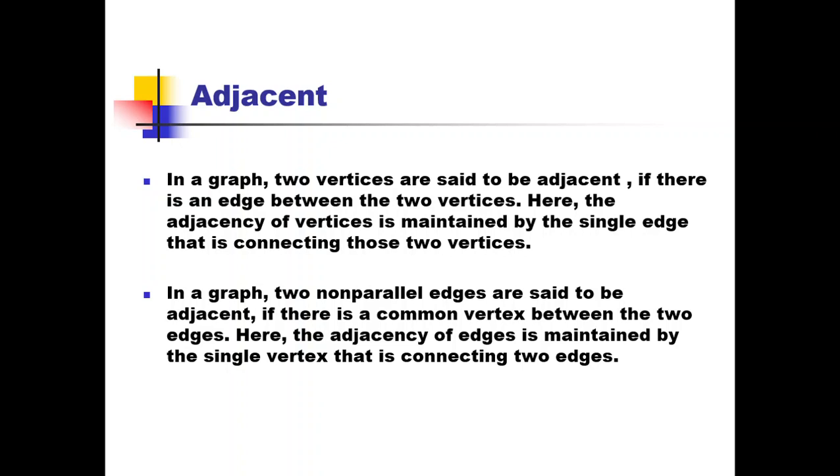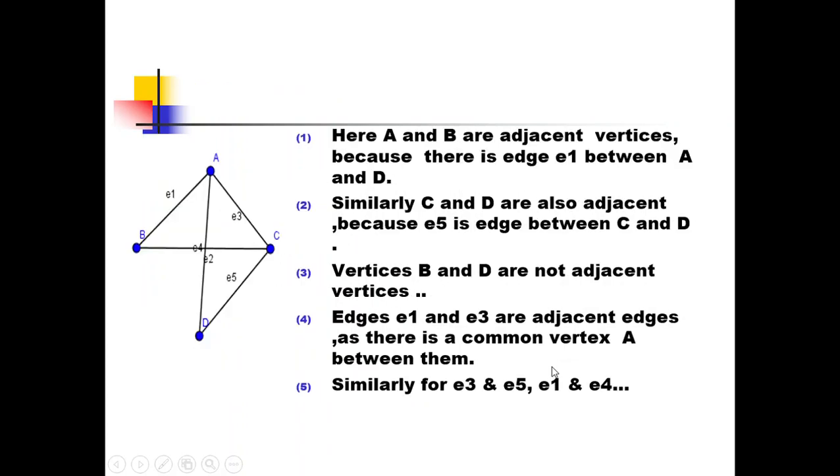Next is adjacency of edges. What is the meaning of that? In a graph, two non-parallel edges are said to be adjacent if there is a common vertex between the two edges. Here the adjacency of edges is maintained by the single vertex connecting the two edges. So in this graph, E1 and E3 are adjacent edges because they are connected by the single vertex A. E1 and E4 are also adjacent because they connect at the single vertex A. Clear?